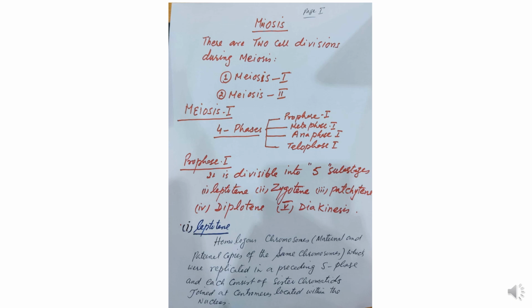This occurs in gonads, in male and female cells, which are spermatogonia and oogonia.